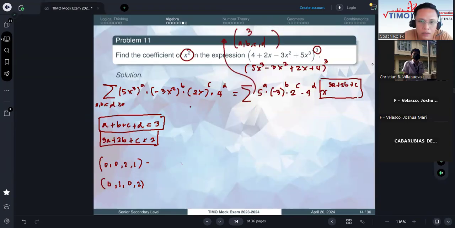The 3 taken 0, 0, 2, 1. Then we have 5 to the 0, negative 3 to the 0, 2 to the 2, times 4 to the 1. Plus 3 taken 0, 1, 0, 2.